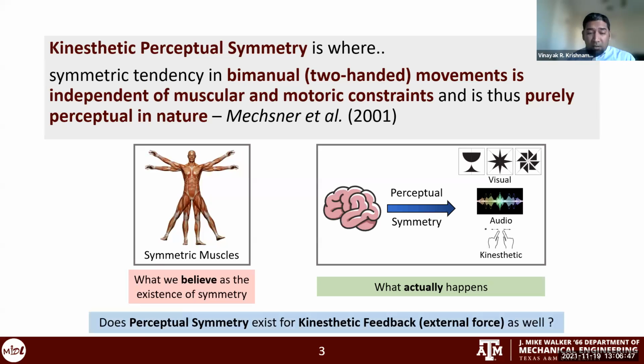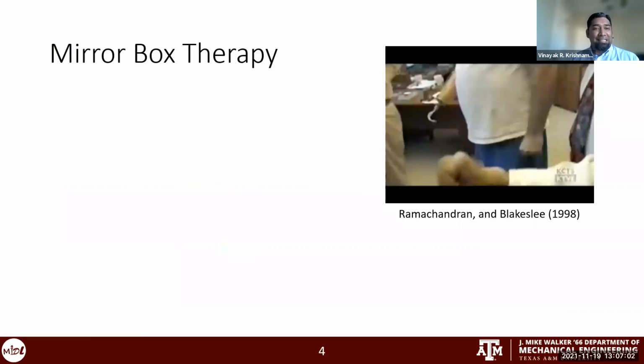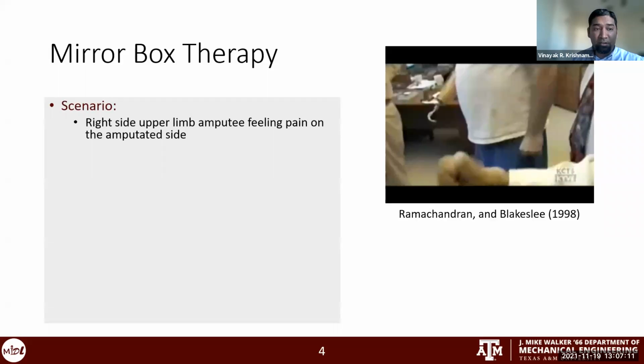The broader question that we wanted to address in this work was: does this perceptual symmetry exist for an external force, that is, kinesthetic feedback as well? And what's the intensity at which this force exists? The inspiration for this work also came from something called mirror box therapy. Imagine the following scenario. Suppose one of your limbs is amputated, and you are feeling pain on the limb that is amputated.